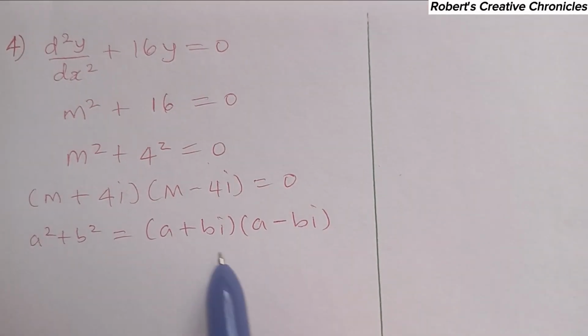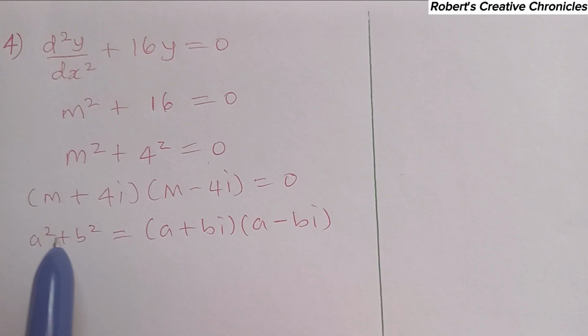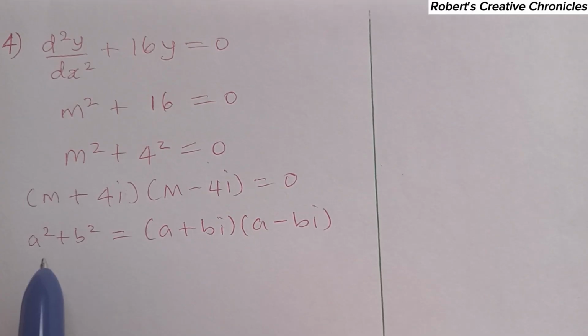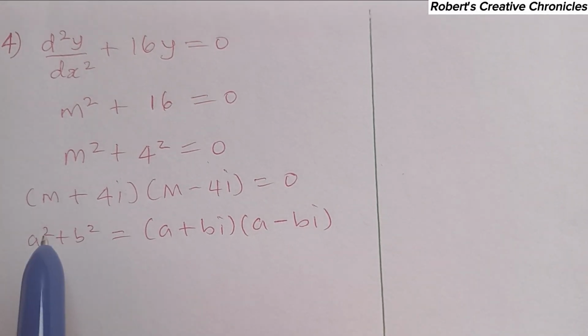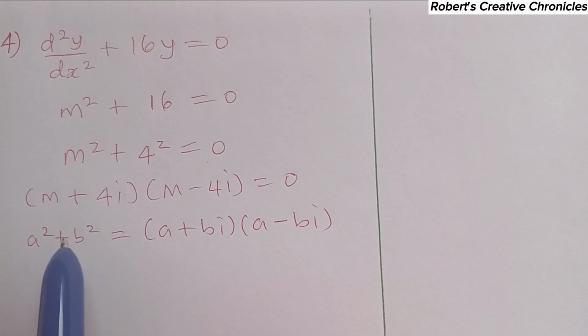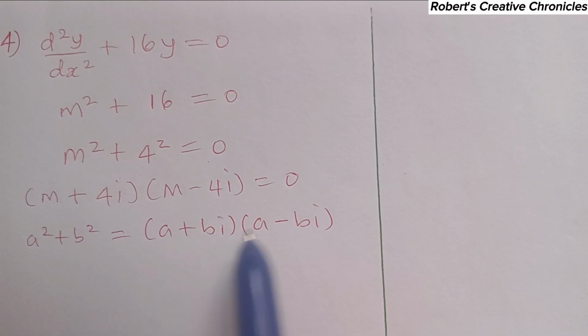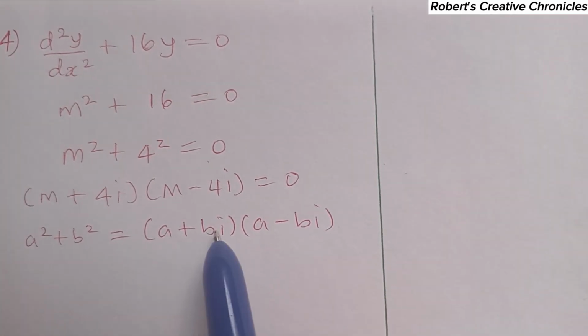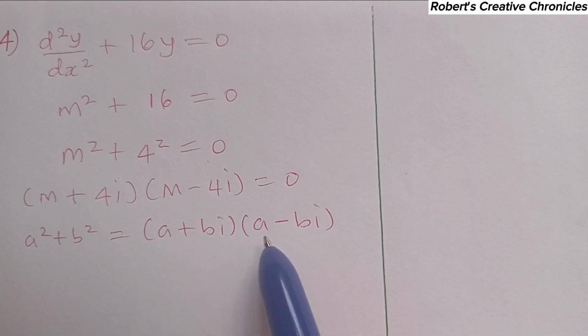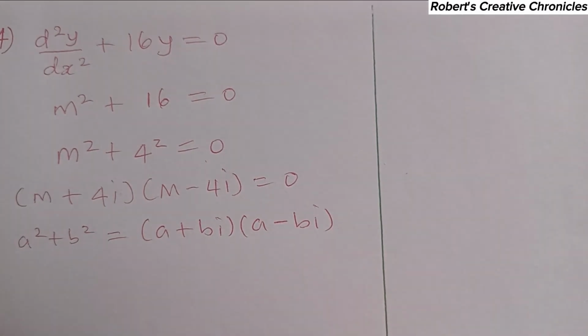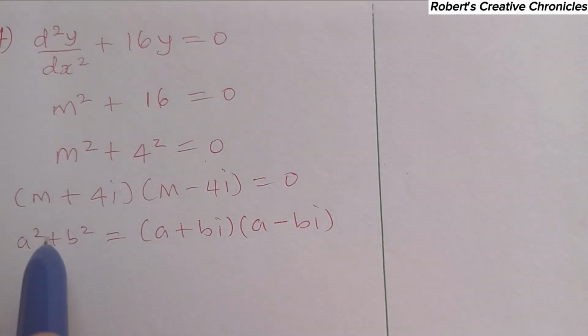Normally, if it were a squared minus b squared, it would be a minus b, a plus b. But this is plus. The only way we can get this plus is when bi multiplies bi, you will get negative b squared, and minus times minus is plus. So that's why we have to put this complex number i. It helps so that this one becomes positive.